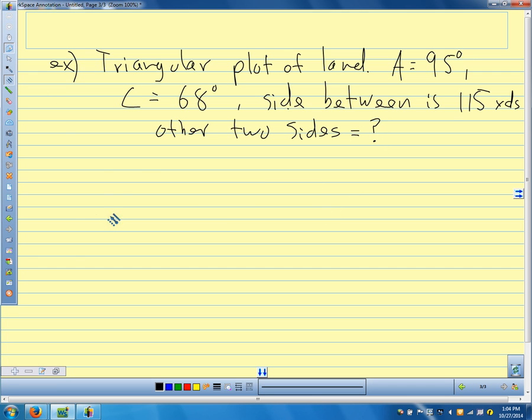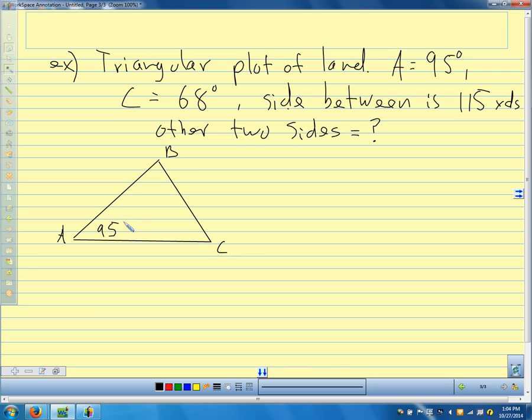So let's draw our picture. Here's our generic law of sines triangle. We know that A is 95 degrees, C is 68 degrees, and the side between is 115. And we want the other two sides.